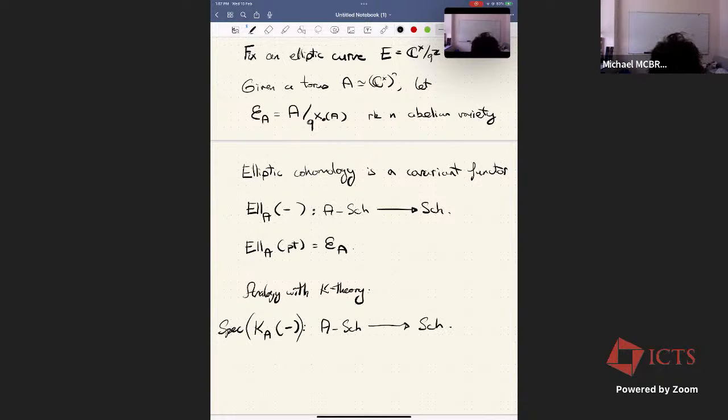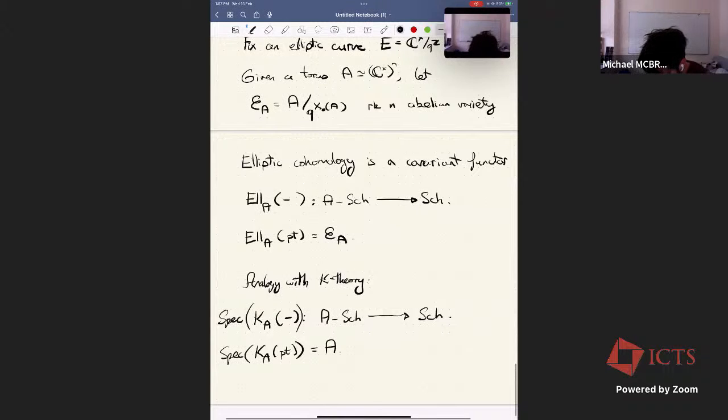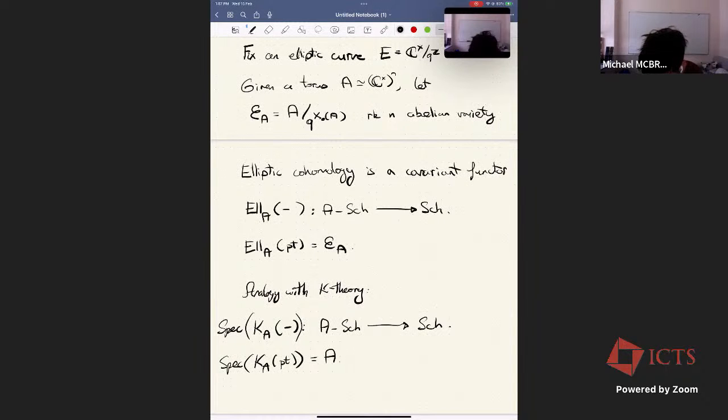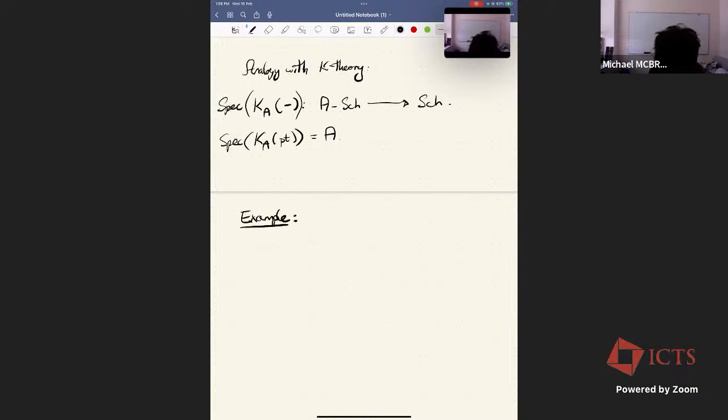And if I take the spectrum of the K-theory ring of a point, what do I get? I just get the torus that I started with. Okay, so you can see that we've set ourselves up to get some sort of cohomology theory where wherever I saw a torus in equivariant K-theory, I now see an abelian variety.